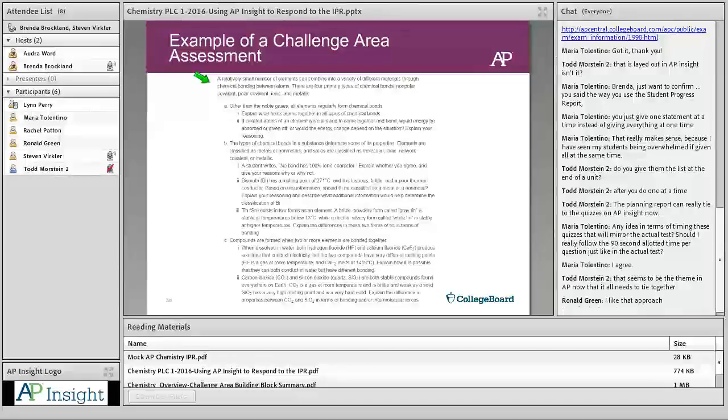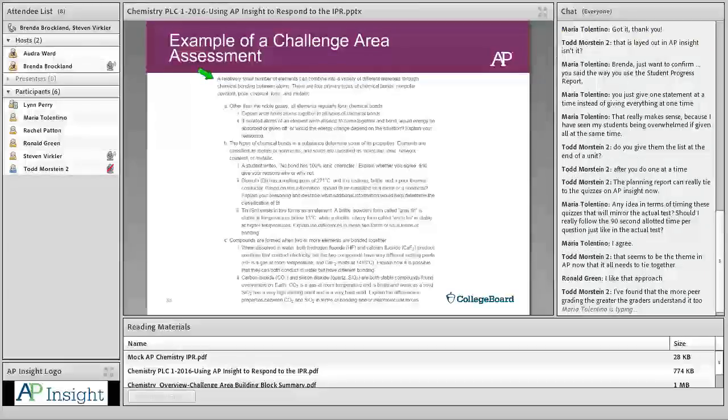And keep in mind, with this challenge area assessment, you have those great rubrics that you can print off too. So you can have the kids really sit down and judge each other to a certain extent. And I tell the kids to try to be a little harsh with each other the first time. That's because I also know, from doing the AP reading, they take for granted sometimes how poor their English is when it comes to writing about science.